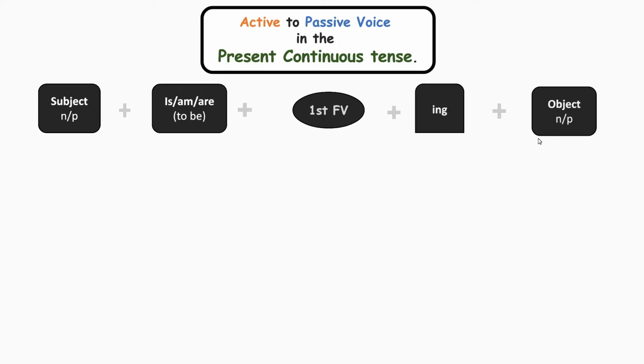As I've already told you, subjects are nouns or pronouns and are the doer of the action. Then comes is, am, are, the to be form of the verb. These are auxiliary verbs. Then the first form plus the ing. Then comes the object at the last. Objects are also nouns or pronouns upon which the actions are done.